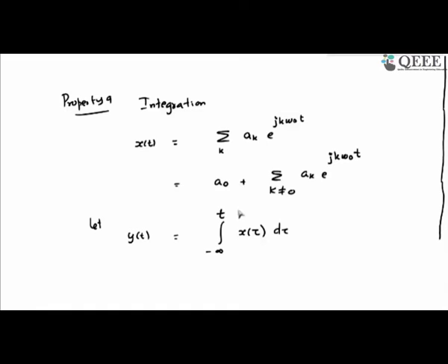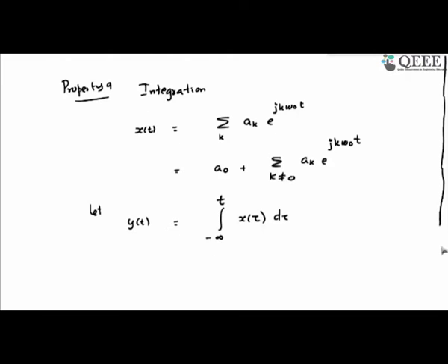This integral is finite only if a naught is 0. A naught is like a constant. The complex exponentials, when you integrate them, their average value is 0, so that is not a problem. But a naught is a fixed constant. If you integrate the constant value over the infinite interval, then that area will be infinity. So y of t is well defined only if a naught is 0.